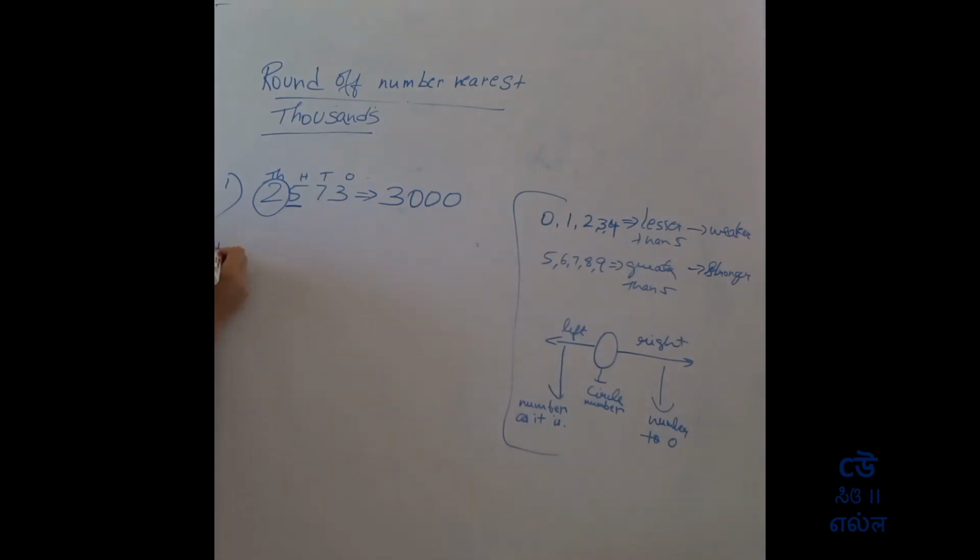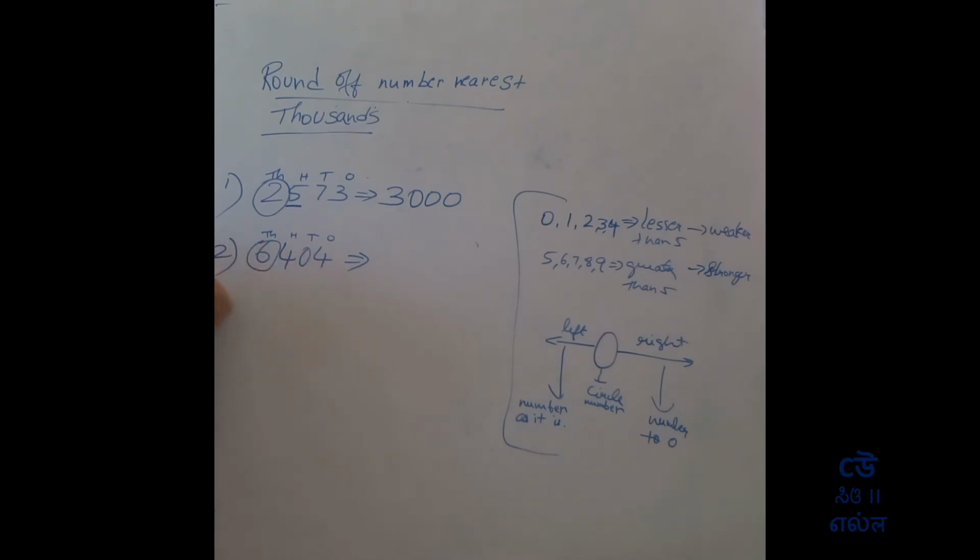Next, second problem, 6404. First we have to write ones, tens, hundreds and thousands. As in the question they have asked for the thousands place, we are circling the thousands place number.